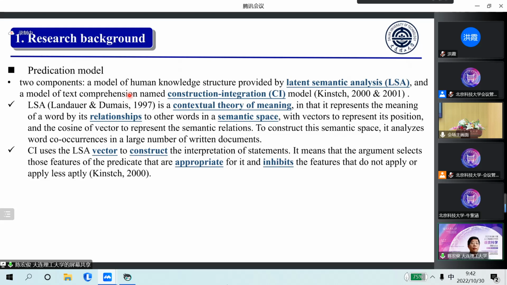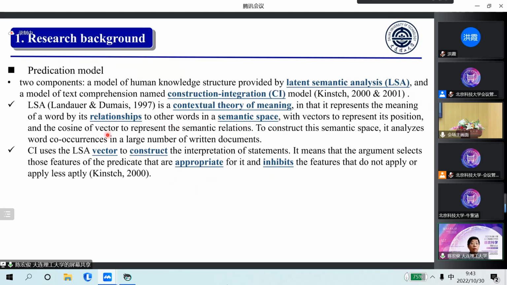So for the predication model, there are two components. One is called LSA, latent semantic analysis. The other is CI, construction integration. LSA is a contextual theory of meaning. It represents the meaning of a word by its relationship to other words in semantic space.